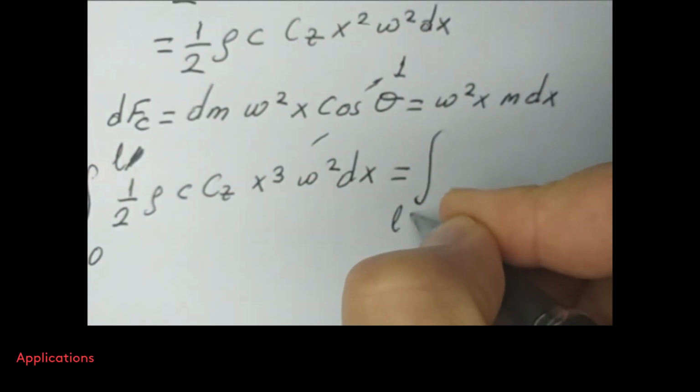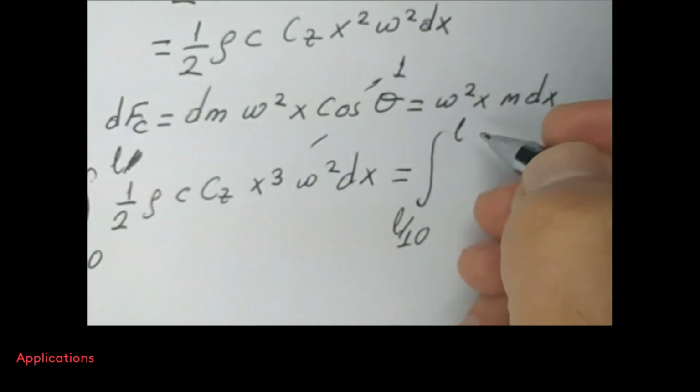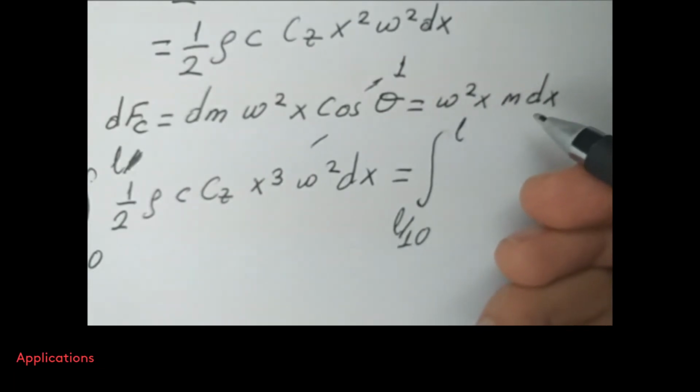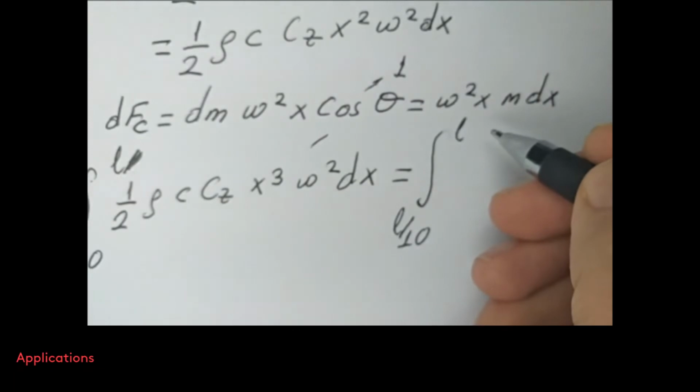This is from L divided by 10 to the L, and that is equal to omega square.